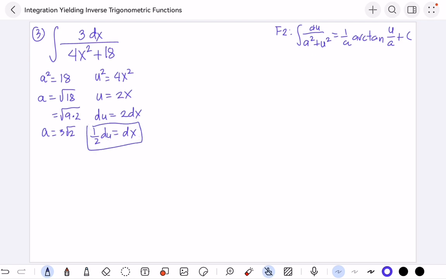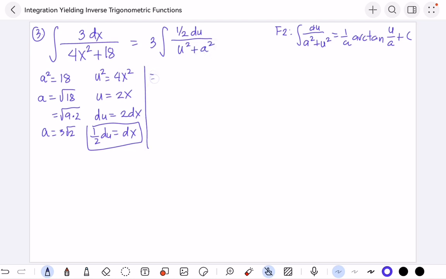Let's remember this. So therefore, substitution: I can factor out first the 3, integral of dx is 1/2 du. I will repeat: 3, I factored that out, dx is 1/2 du. The denominator is u square plus 18, which is a square.